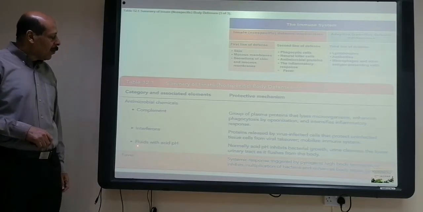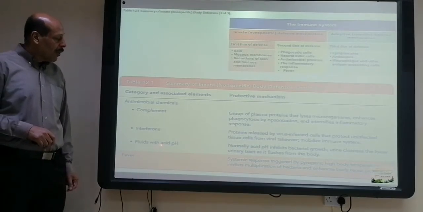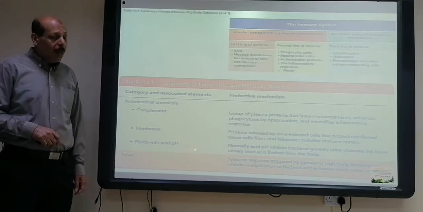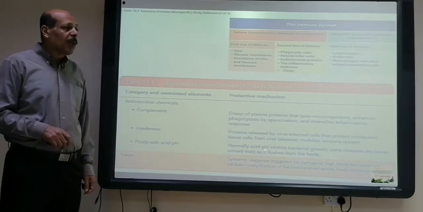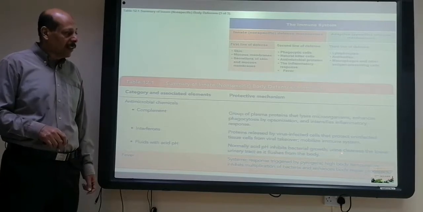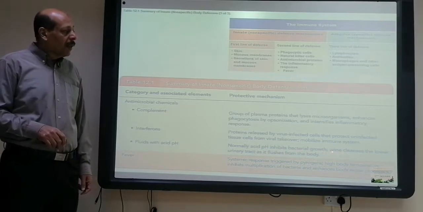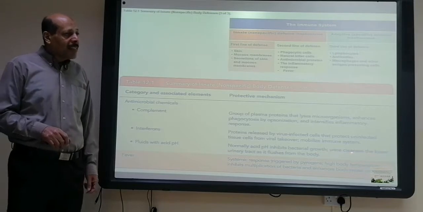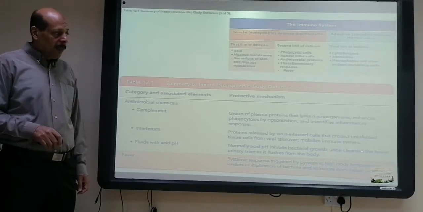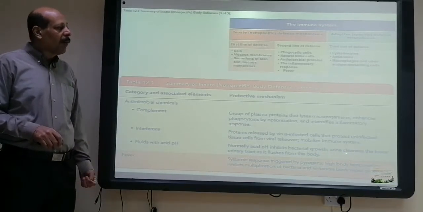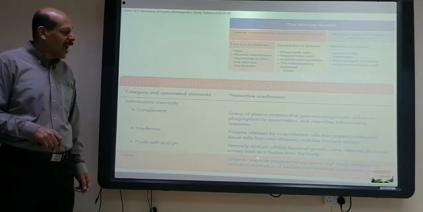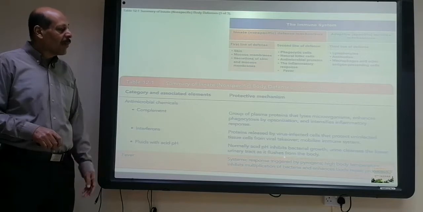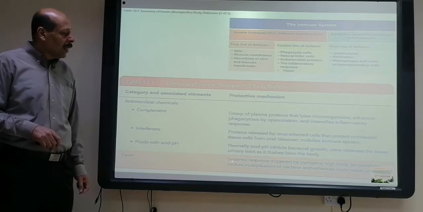The other thing is fluid with the pH. Normally, the acid or the pH will inhibit the growth of bacteria. So the acidity of urine gives normal immunity through cleanliness of the lower urinary tract by flushing of the body.